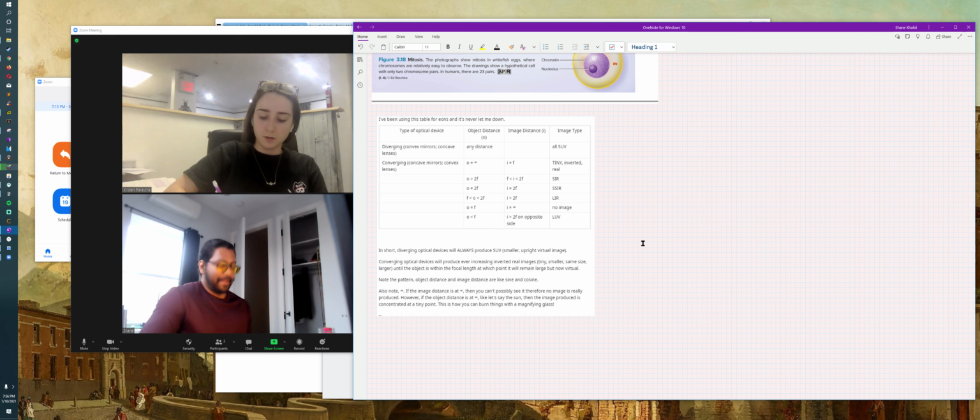So this is where I get confused, I think. I just need to realize it's convex in mirrors and concave in lenses. How did they do that?